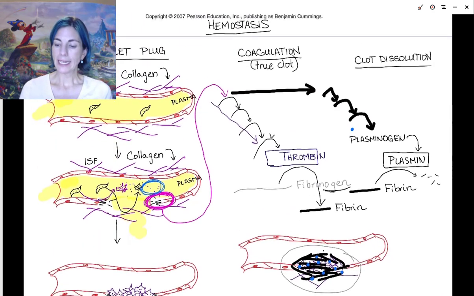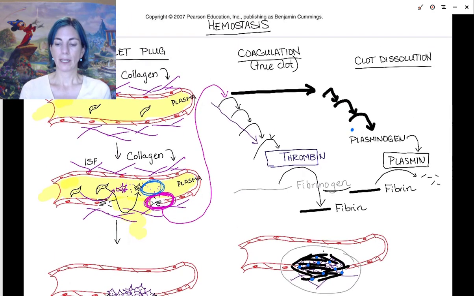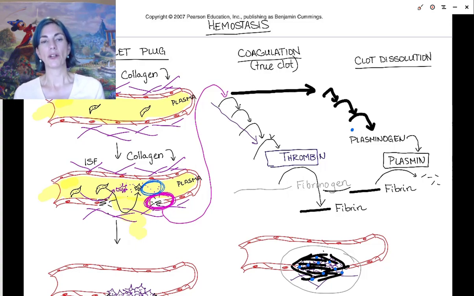So hemostasis has 3 parts: platelet plug formation, coagulation, and then clot dissolution. I also want to put in that usually when you get damage, there's kind of a reflexive vasoconstriction that happens. So upstream arterioles or arteries will automatically vasoconstrict so that you don't get so much blood flowing to that damaged area.